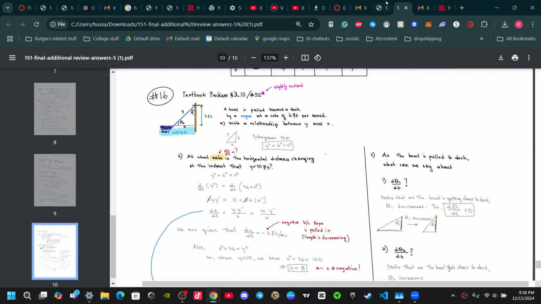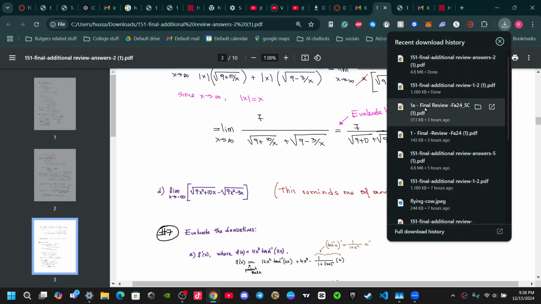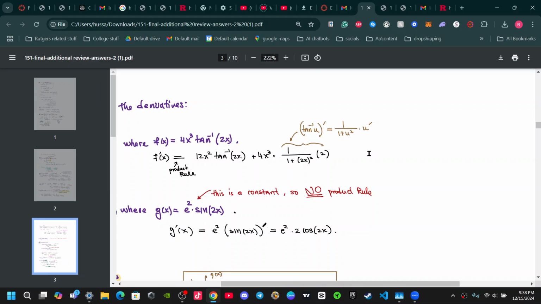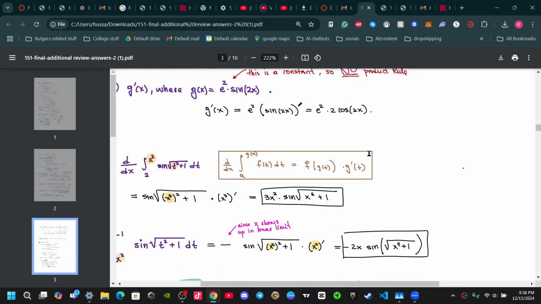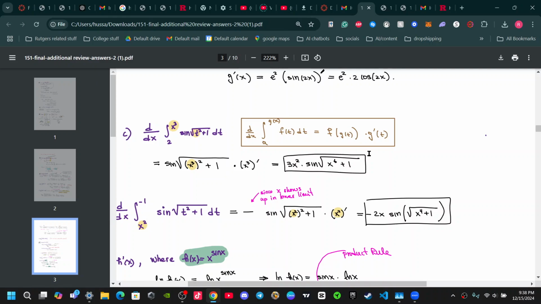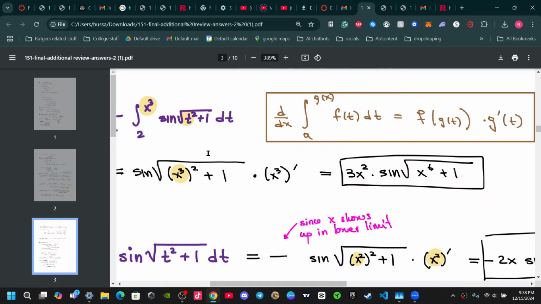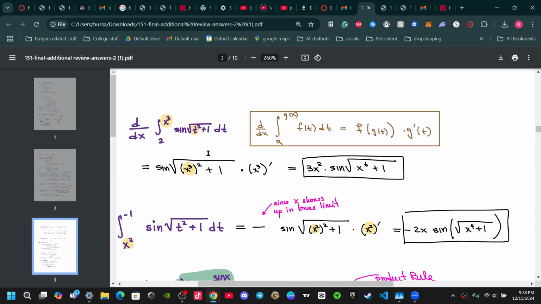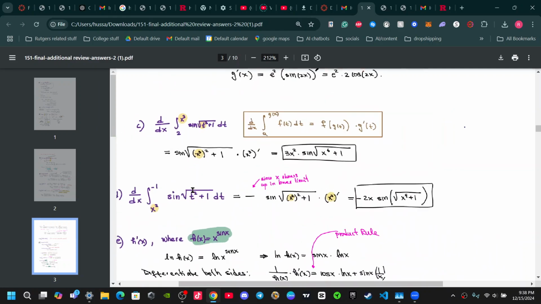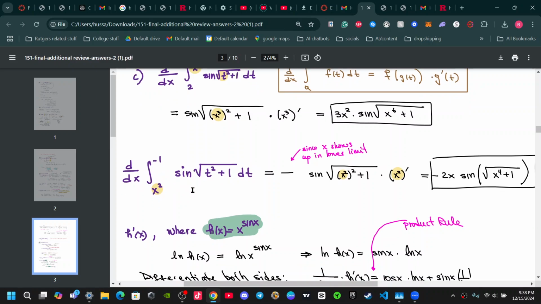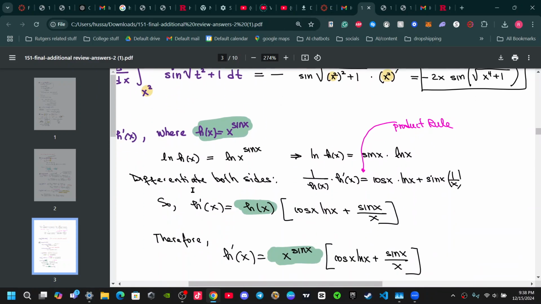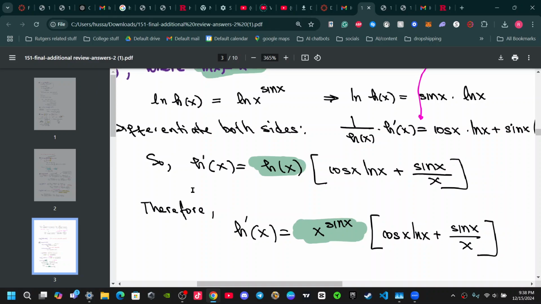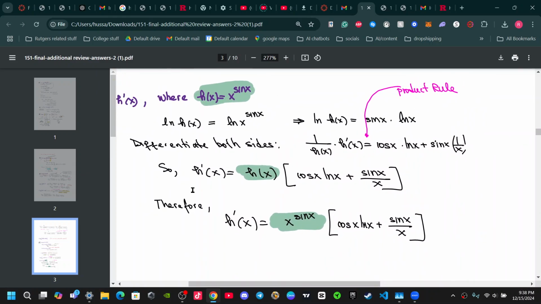So if you found the tangent line to y equal f of x at 3 comma 5 is y minus 5 is equal to, let's say, I don't know, 2/7, x minus 3.